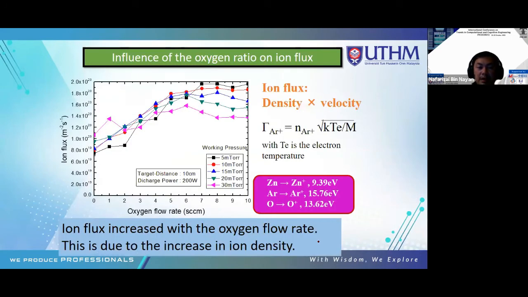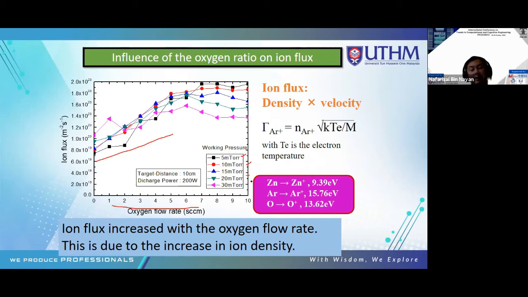So this is how we use a Langmuir probe system. We can get the ion flux as a function of oxygen flow rate, and we vary the pressure: 5 millitorr, 10 millitorr, 15 millitorr, 20 millitorr, and 30 millitorr.